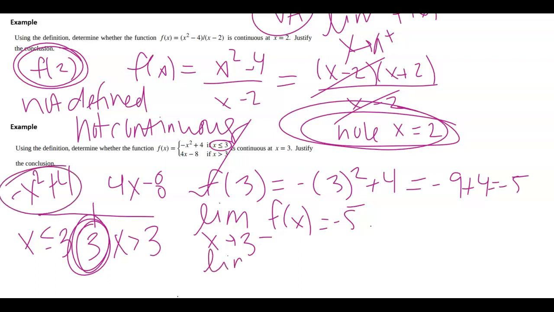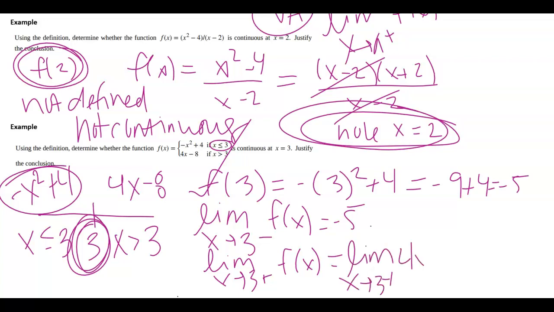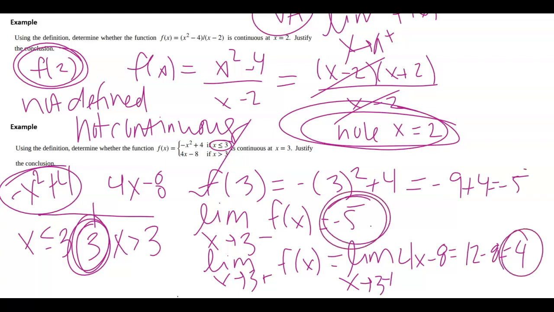But let's look at the limit as x goes to 3 from the right. That's going to be the other function. So I have 12 minus 8, I have 4. Those two numbers are not equal to each other.